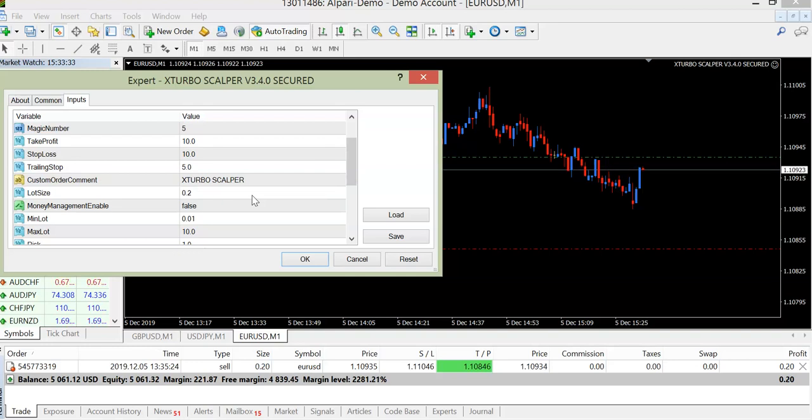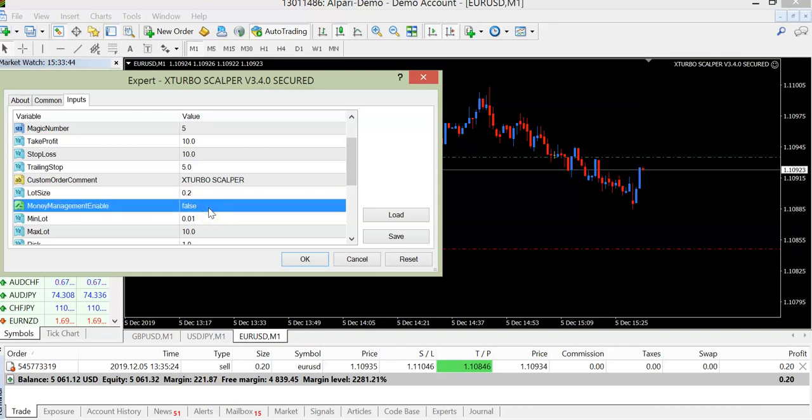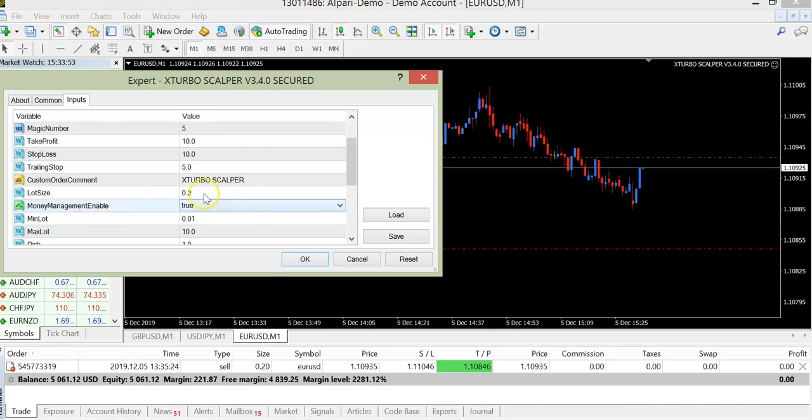Here you will have several options. You can manually put the lot size as I put here, or if you want, you can enable money management. Click double and put to true, and then this lot size will not be in function.